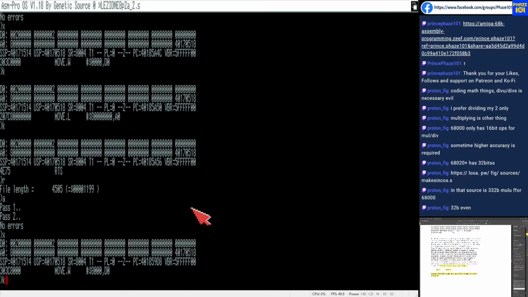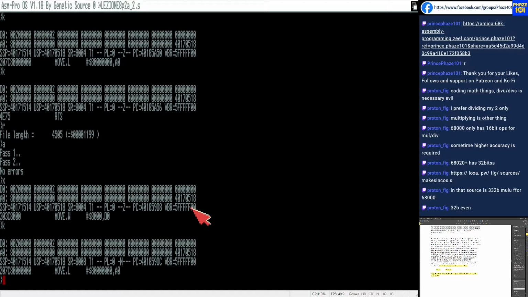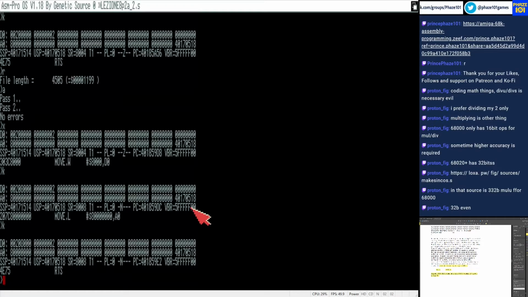When I execute it, the N flag is set because that number is treated as a signed number, and 8000 means that bit 15 is set. Now we are going to do a move.long 8 and 7 zeros again into 80, and again no change, because move.long is a move A and it doesn't affect the flags.